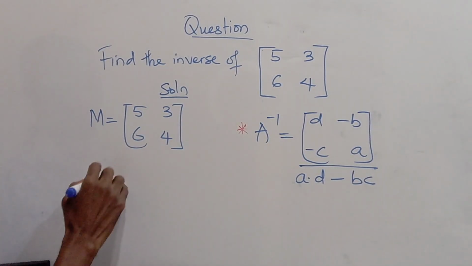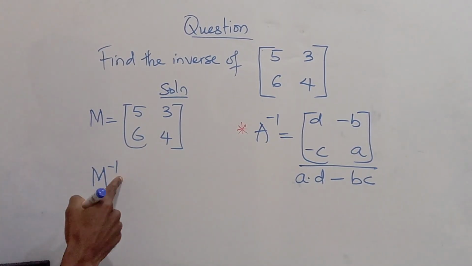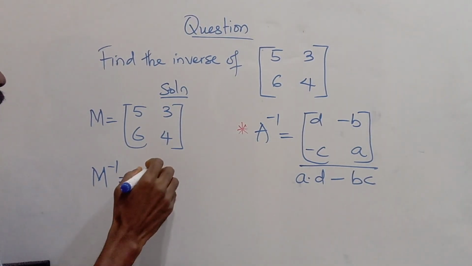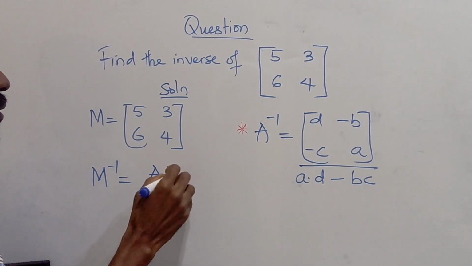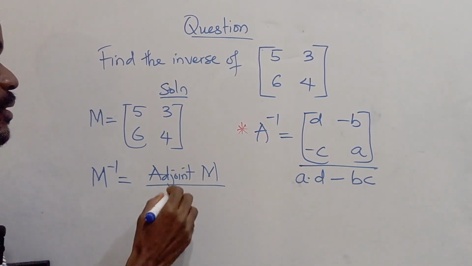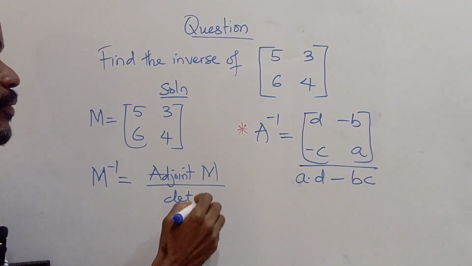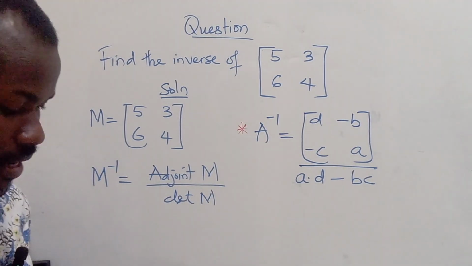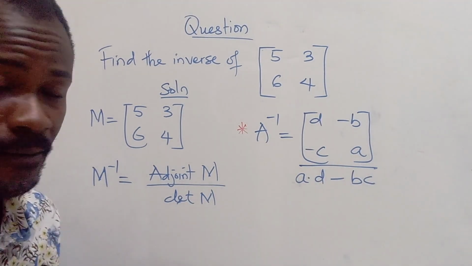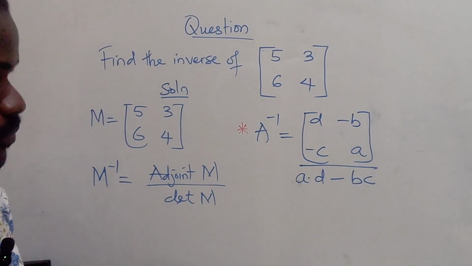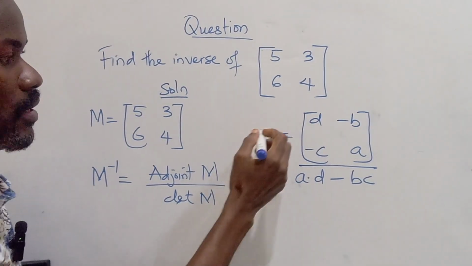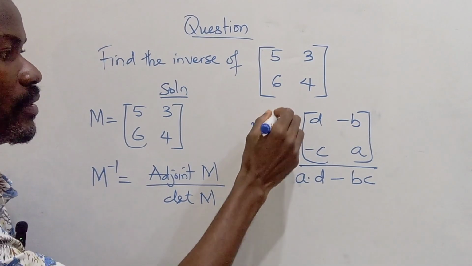So my N inverse is going to be, of course, the adjoint of N divided by the determinant of N. So we are going to apply this formula to solve and get our answer. So let me quickly replace this with our N inverse.